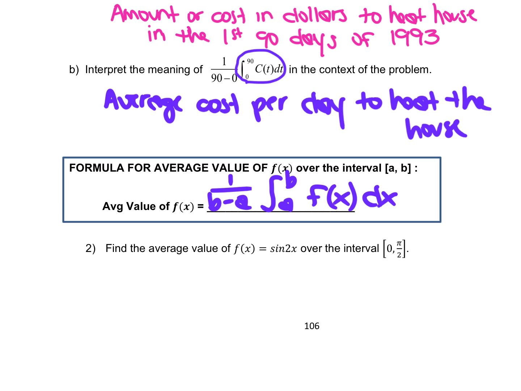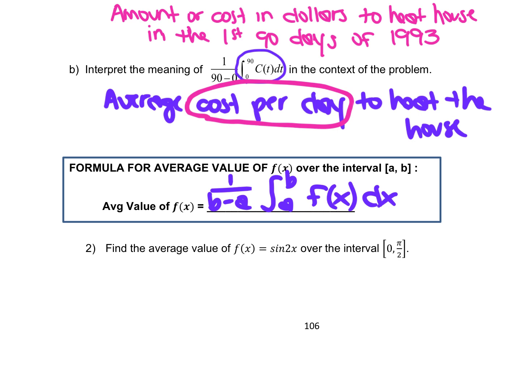Not f prime. Notice in this last question we just answered, it's the average cost per day. That is what C of t represents, the cost every day. It's the rate, so it is the average of the derivative itself, f of x.